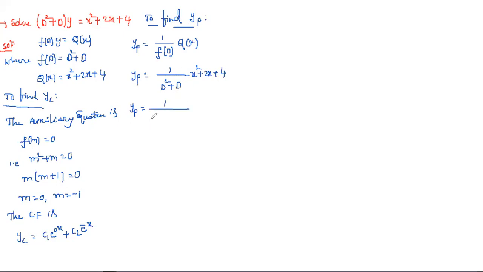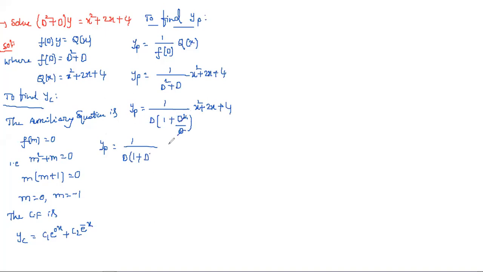So for that, we can take d common. After that, we'll get 1 plus d square by d into x square plus 2x plus 4. And then, yp is equal 1 by d into 1 plus d, and this one cancels.